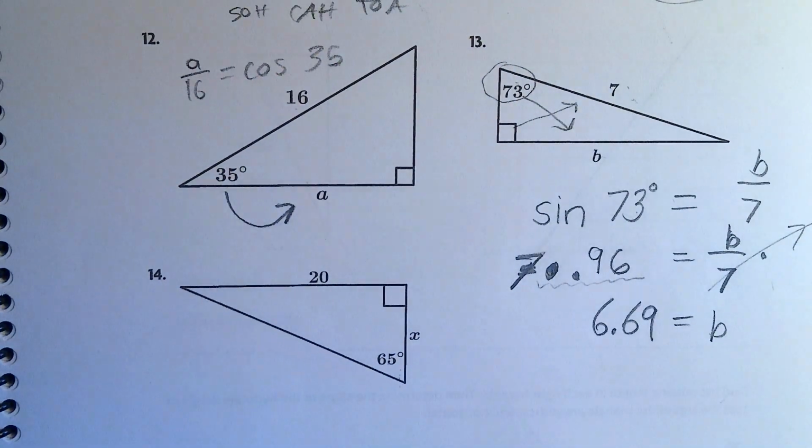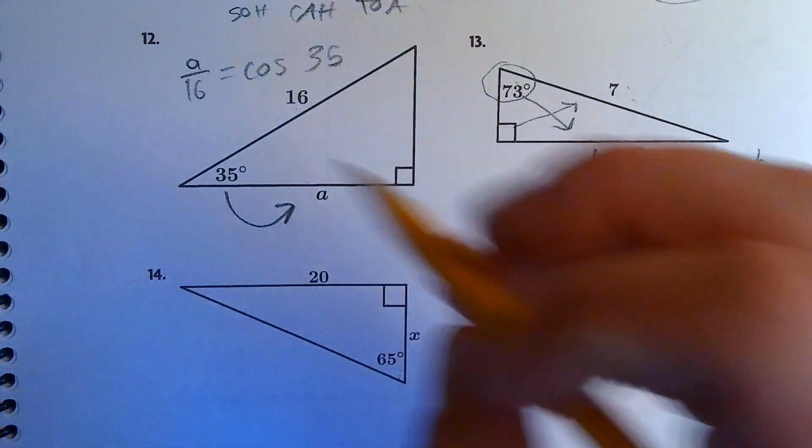I have to ask my calculator what the cosine of 35 is. 0.82.